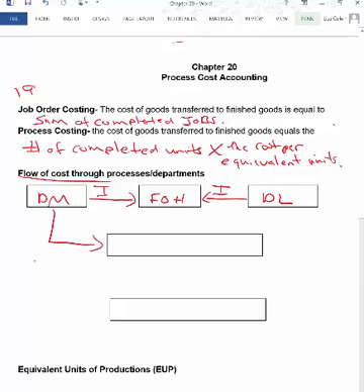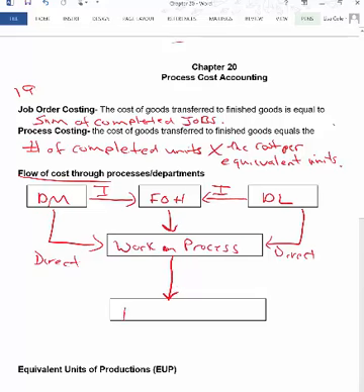Our direct material cost and our direct labor cost are in work in process, and then we allocate some factory overhead to work in process. Once we complete those goods, they're transferred to finished goods. So we're going to be looking at the number of units that were completed and transferred to finished goods, and then we want to assign cost to those units.